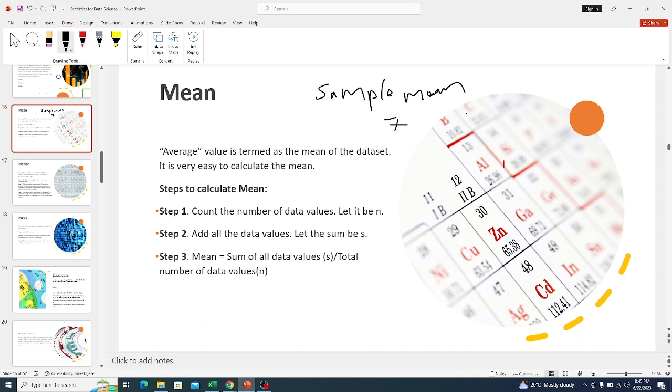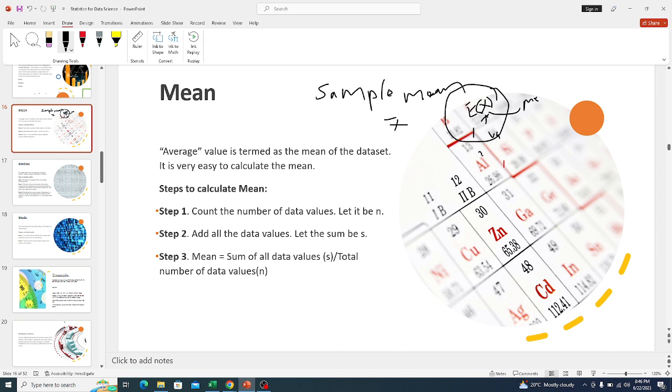Or expectation of x, when we are talking about integrals and derivatives. So we also have what we call expectation of x, and expectation of x is basically mean. Then the second derivative, it is the variance.